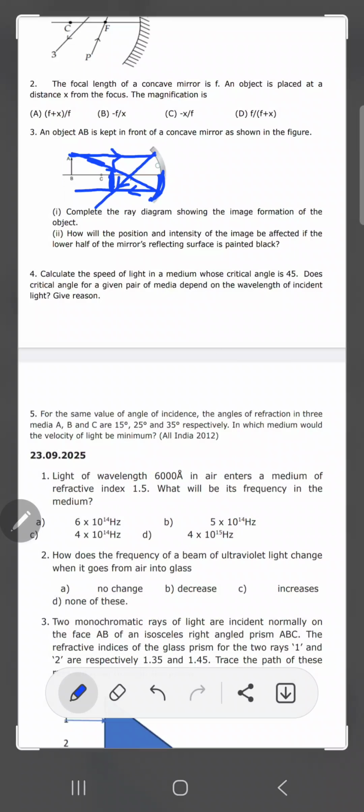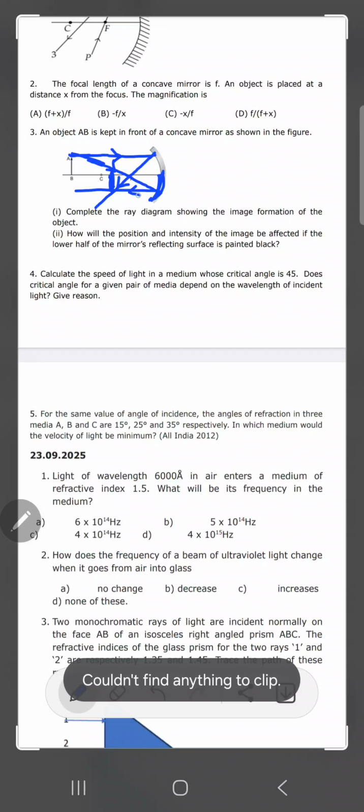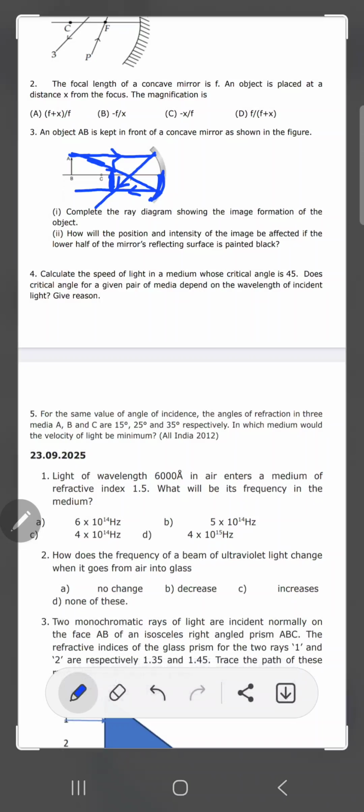So the number of rays which make the image would be reduced to half. We have considered only 2 rays, but there are infinite number of rays. So only half of the rays would be meeting at this point, so it would reduce the intensity. So we can write here that the intensity of the image would be reduced to half.